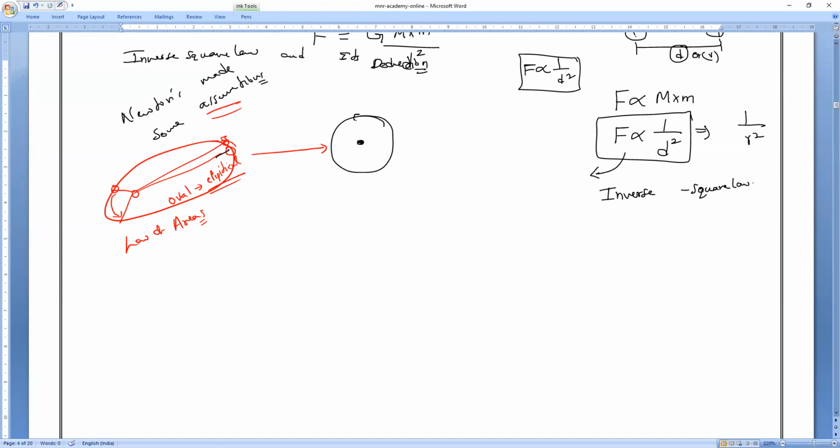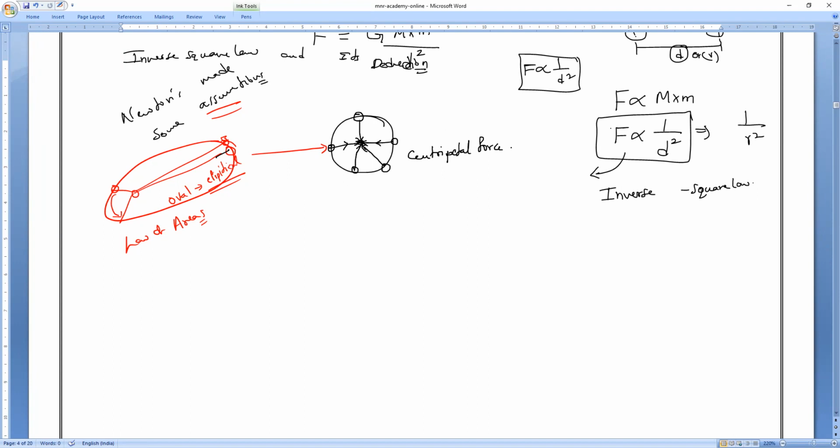In circular motion, the force that is always acting towards the center is what makes the planets revolve around the sun. What do we call that force? It is called the centripetal force, which makes the planets revolve in the orbit.